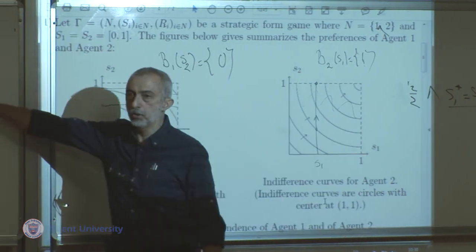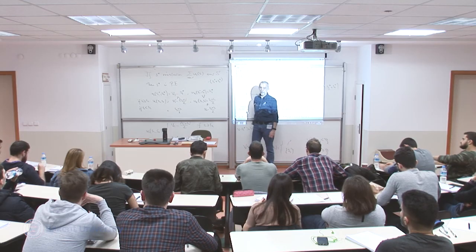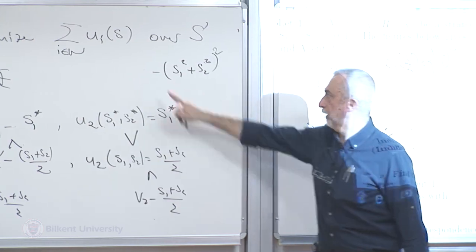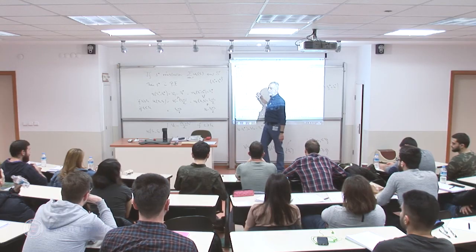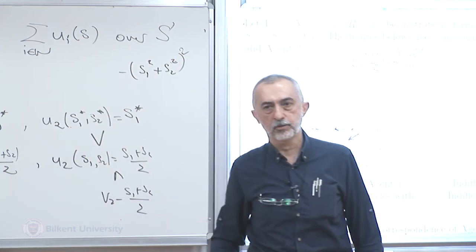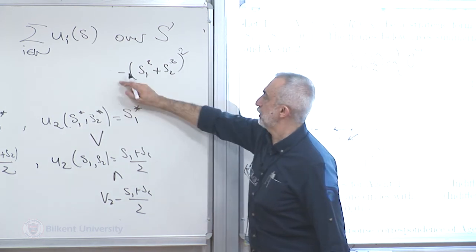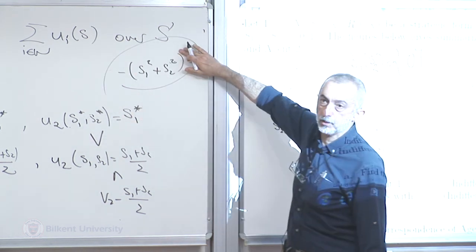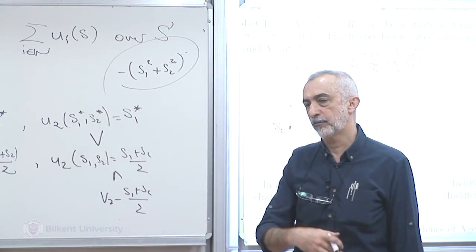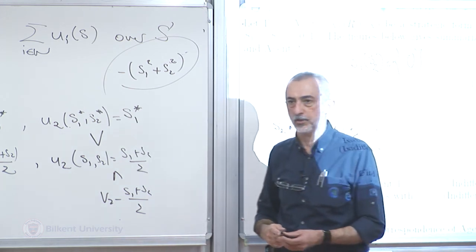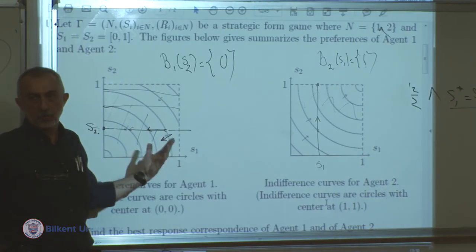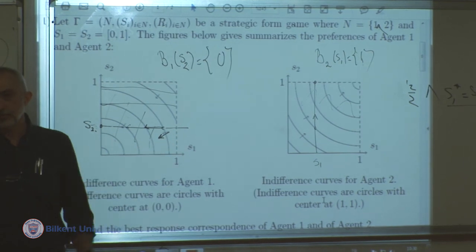Whether you use this preference relation or this one, we still keep the minus, it yields the same isocurve, so it should yield the same best response correspondence. This function represents the same preference relation, and hence they have the same best responses. So yes, you can use a function as long as it has the correct isocurves, but this is much simpler.